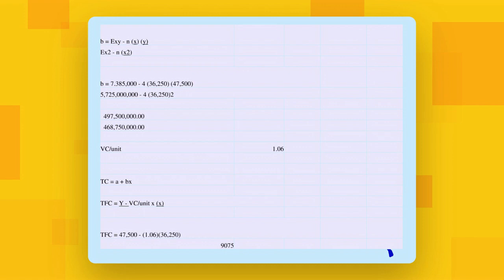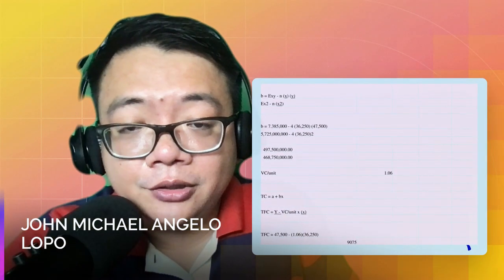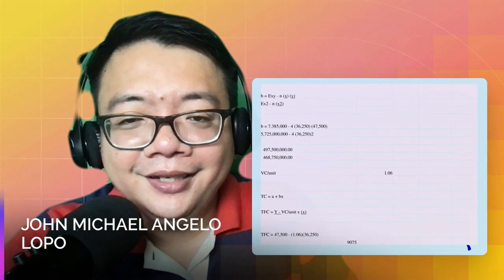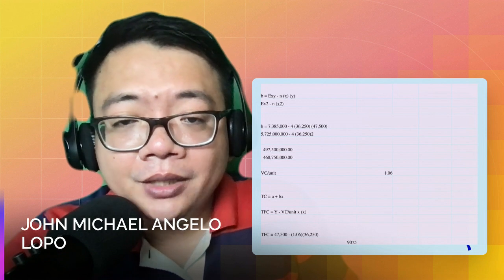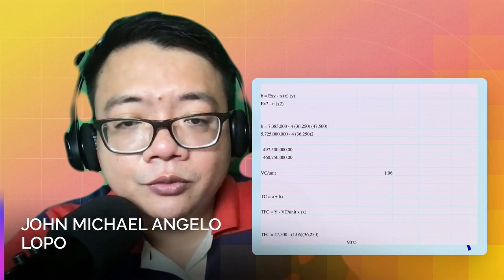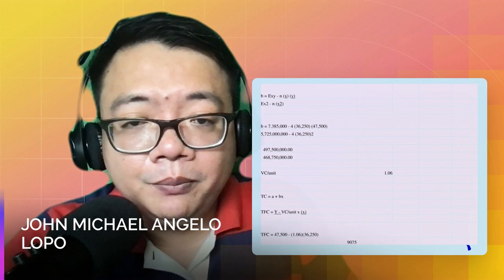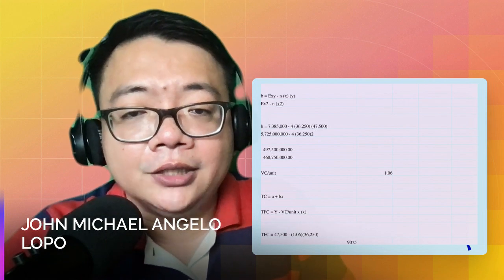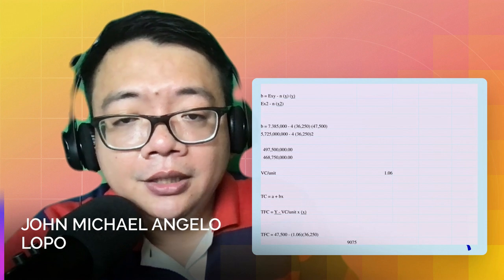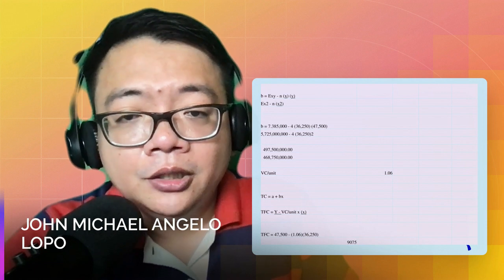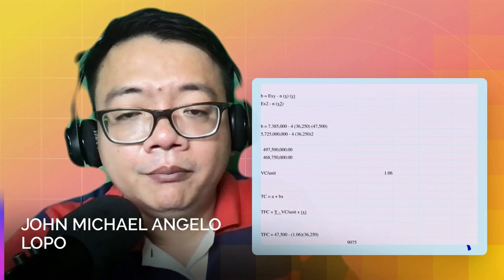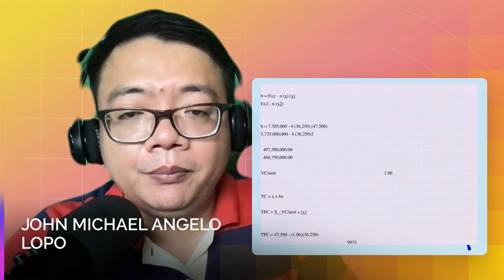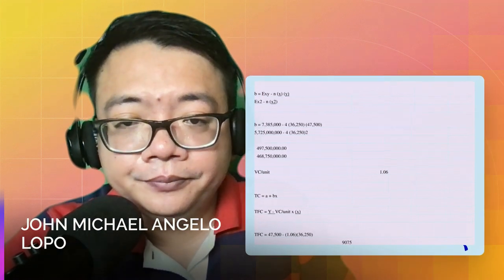That's the formula in computing for your variable cost per unit. Again, it is the summation of XY minus N multiplied by average of X multiplied by Y average, divided by the summation of X squared minus N multiplied by X average squared.